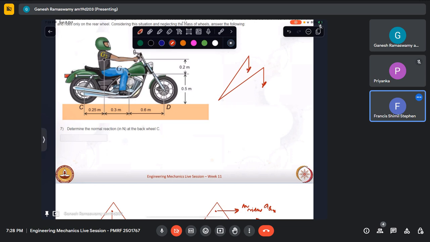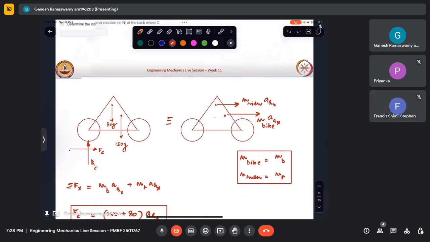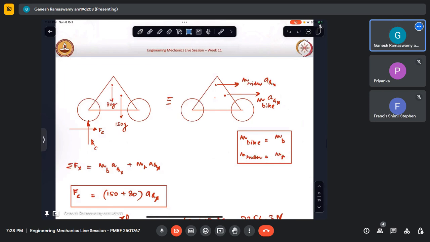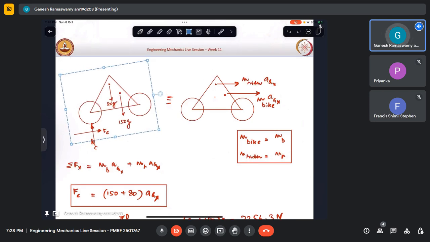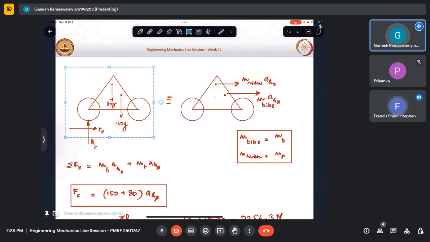Now what are you asking? You are talking about a case where this would have lifted like that, in which case weights will still be. Yes, but we are analyzing at the instant where reaction goes to zero, that is, it has just lost contact.